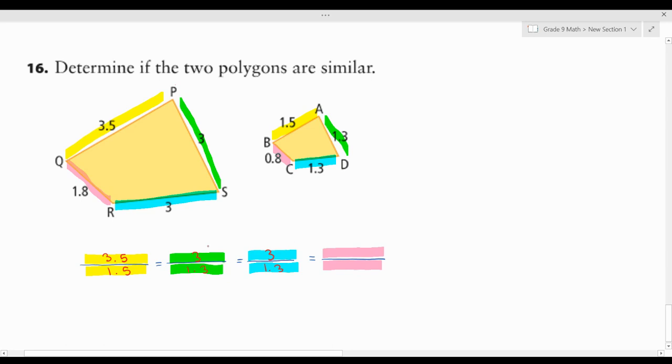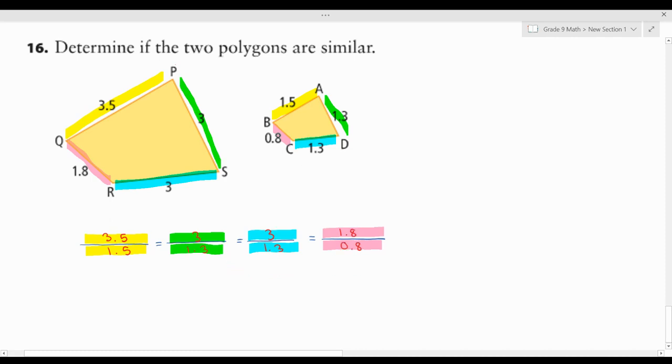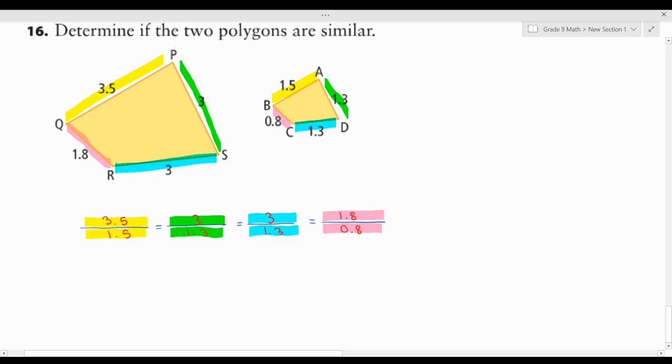Well, I know right away these will be the same. They're the same numbers. And then is it the same as the pink, the 1.8, compared to the 0.8? So I would take my calculator, 3.5 divided by 1.5. You're going to get 2.3333. So is that equal to 3 divided by 1.3?